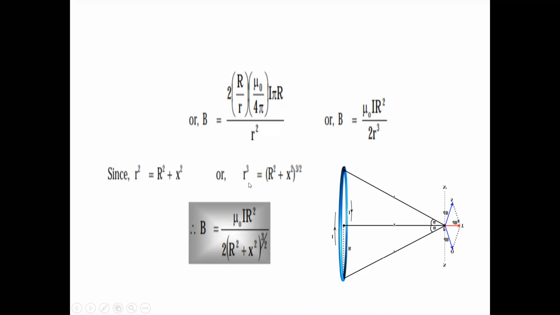Then what about r cube? Simply the whole to the power 3 by 2. Now substitute this value here: mu naught I R square by 2, and in place of r cube, this formula, R square plus x square whole power 3 by 2. So this is the final expression for the magnetic field intensity at the point P due to this circular coil.